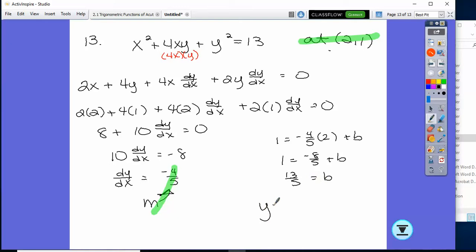So our final equation is y equals negative 4/5 x plus 13/5. Any questions on that?